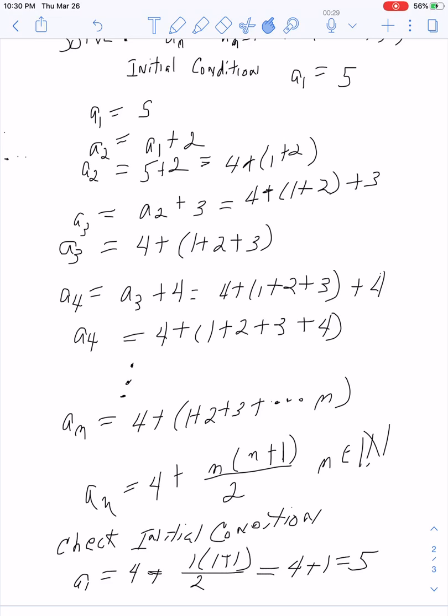And that checks with my original initial condition, which gives me a warm, fuzzy feeling that I've solved this correctly. Well, that's all I have to say about this particular problem.